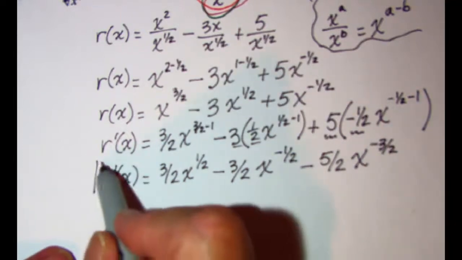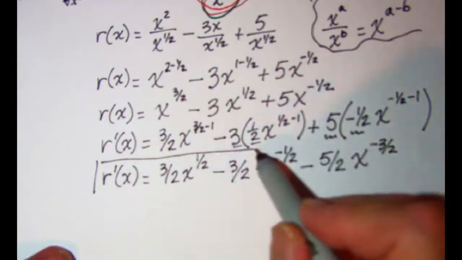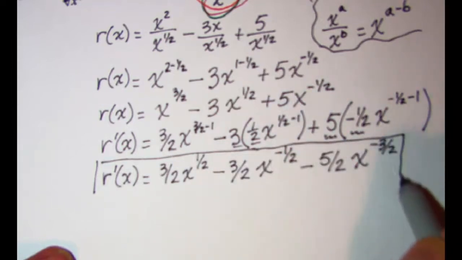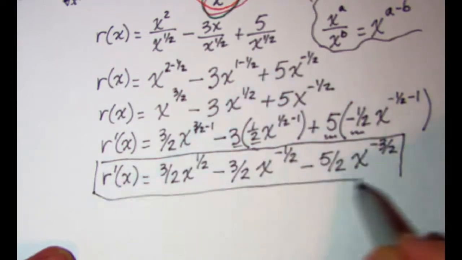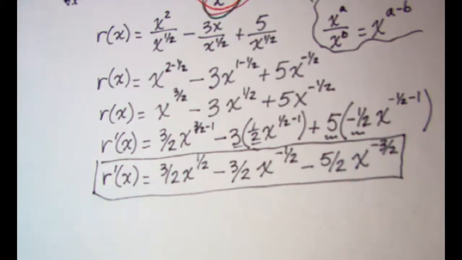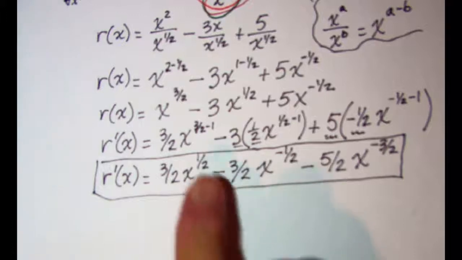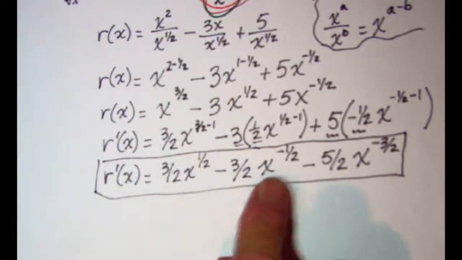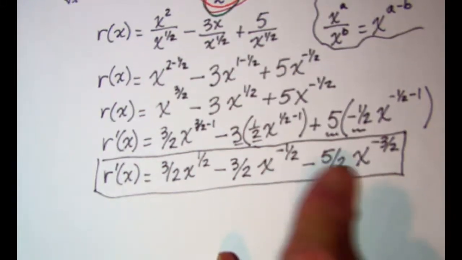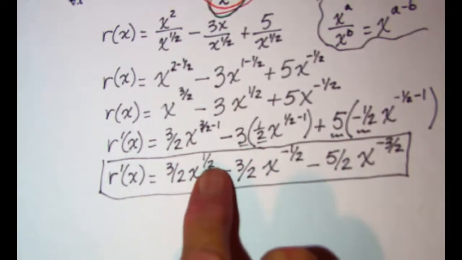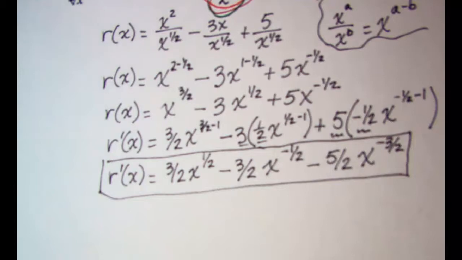Now this is our derivative. Be aware that you can write this in different forms. You can go ahead and put these all in radicals because they are fractional exponents, and remember that the denominator indicates the index on the radical.